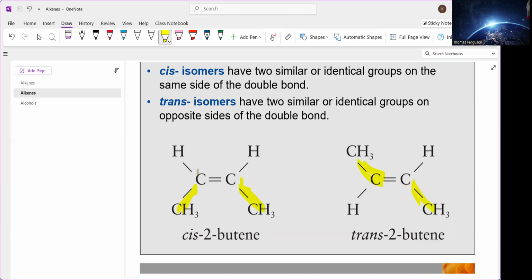On the left, the methyl groups are on the same side. On the right, they're opposite. Same side means cis, like sister. Opposite means trans. So whenever you have a double bond or cyclic, always check for the existence of methyl groups in a cis or trans position.